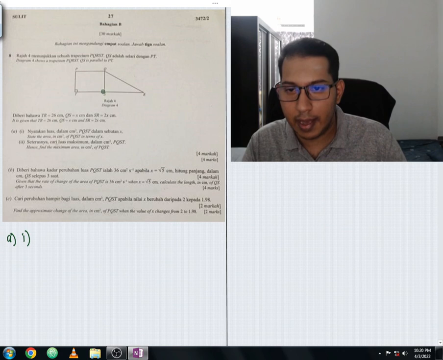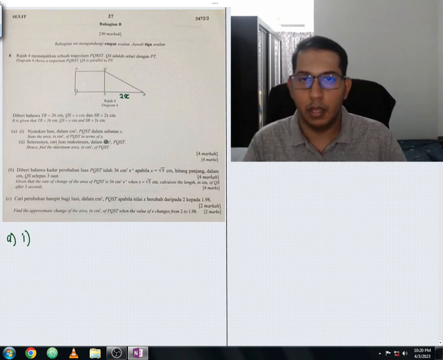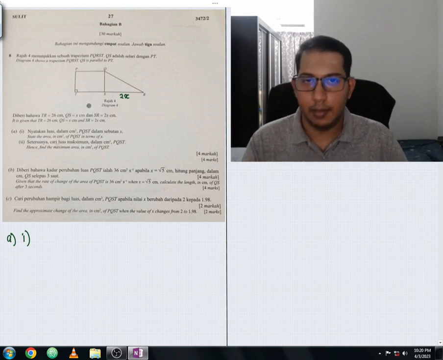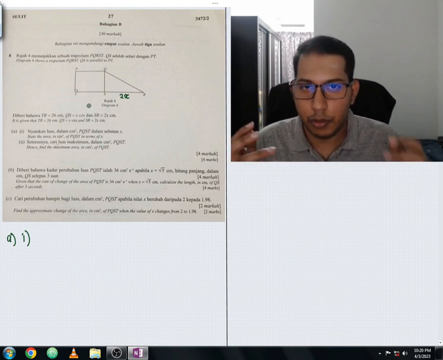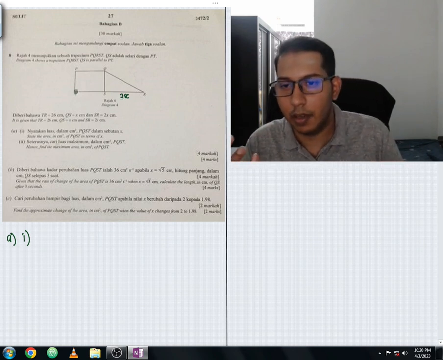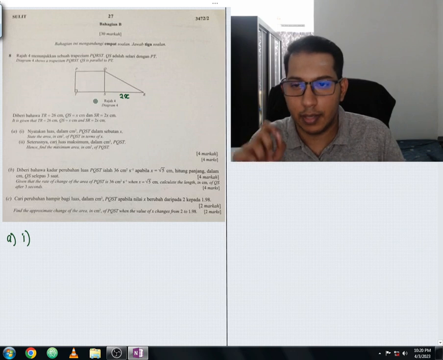So that means S until R, the length is 2x. That means to find the length of TS, basically it is 26 minus 2x. So that will be the answer of the length of TS. So that will be the first step.